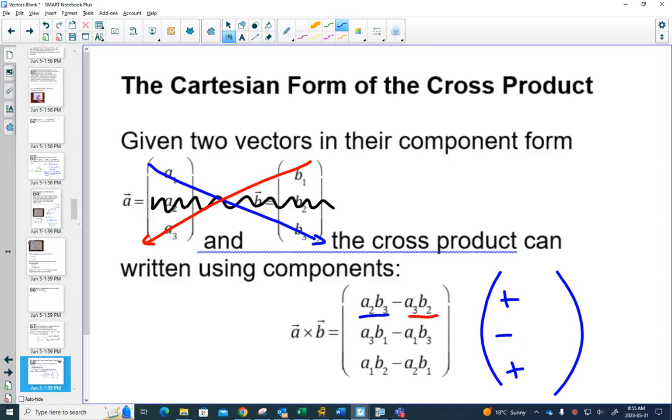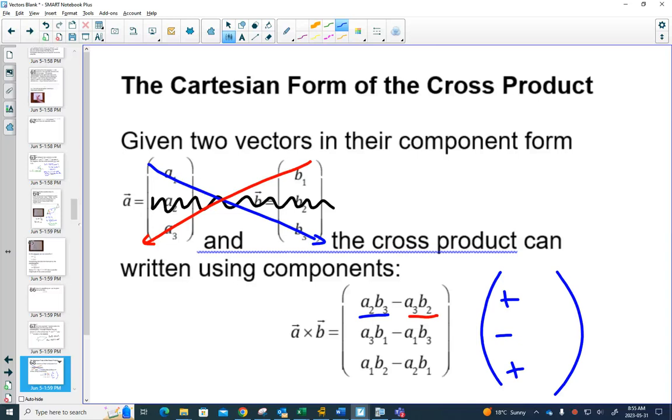You probably don't remember that because you probably like the arrow way of the 3 by 3 determinant better than the formula way. And that's perfectly fine. I'm going to show you an arrow way with this one, which you can like better, and not have to worry about this as well.